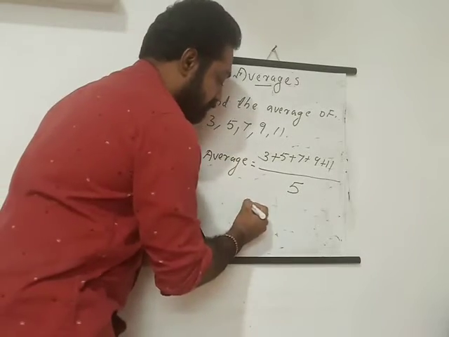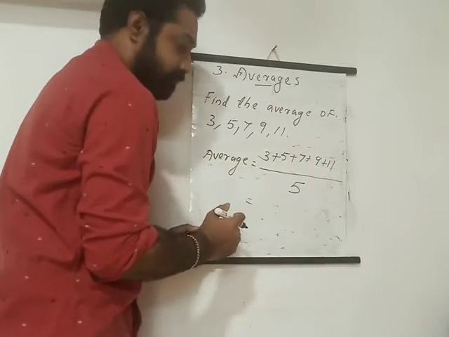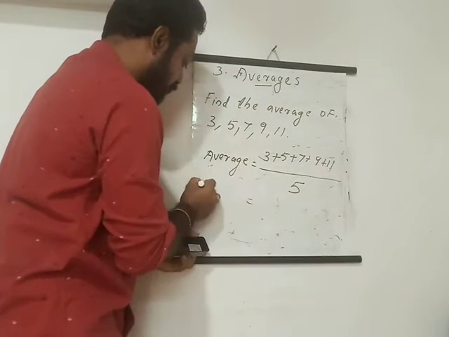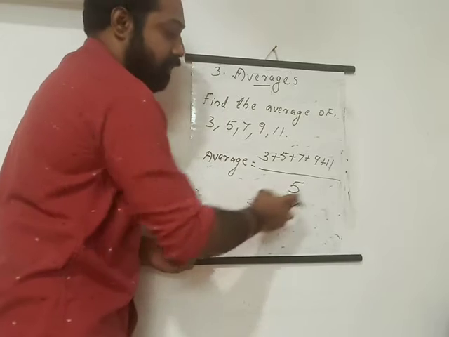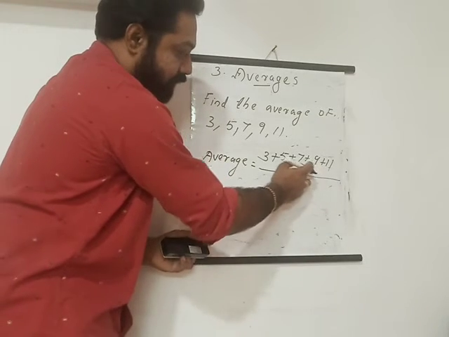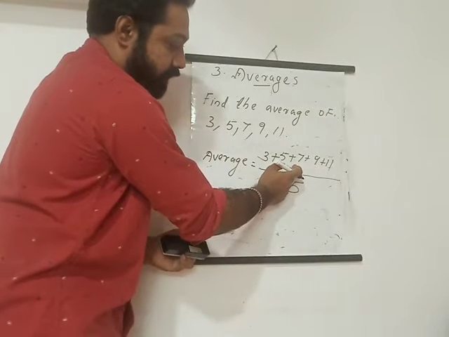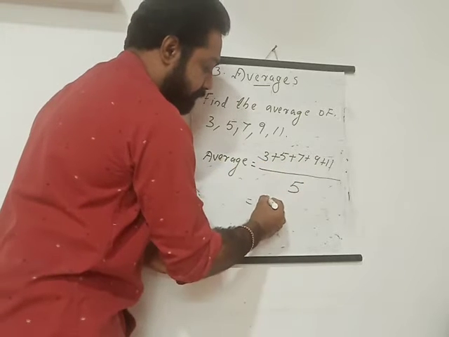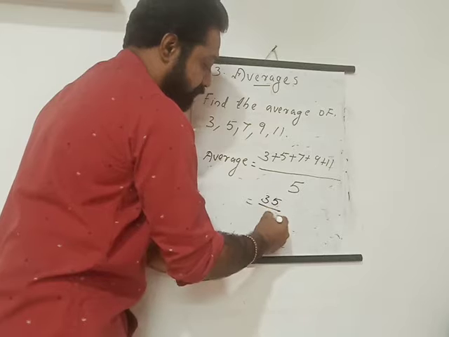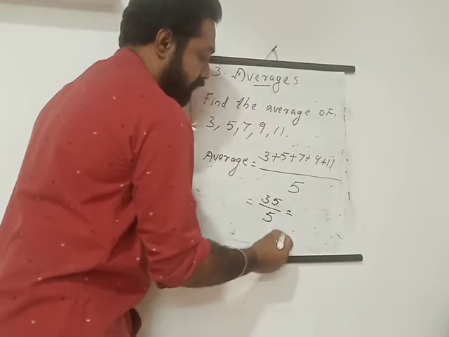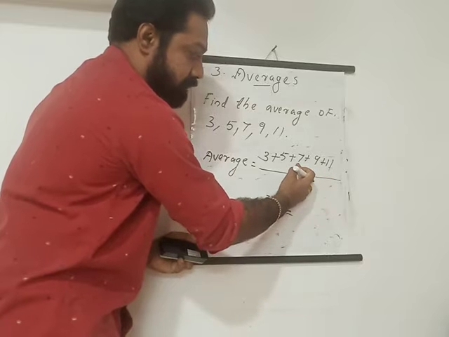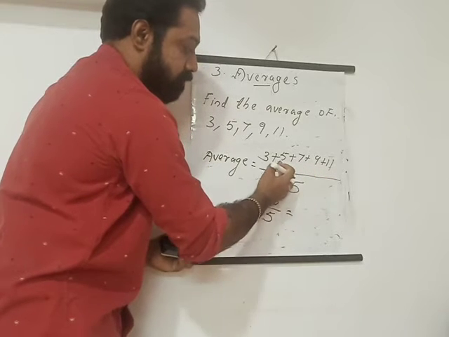Then what is the next step? Just add the whole numbers. 11 plus 9 is 20. 20 plus 7, 27. 27 plus 5, 32. 32 plus 3, 35.